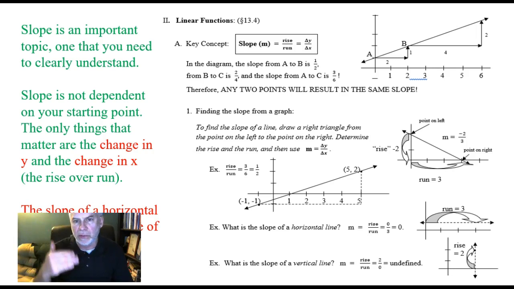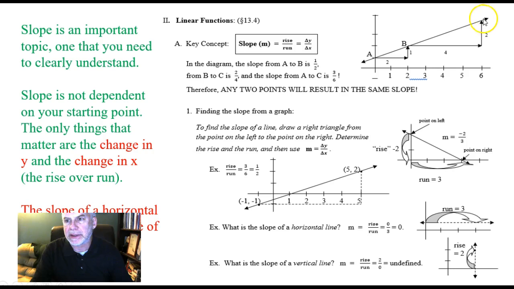So it's rise over run. So in this diagram here, you see that from point A to point B, we rose up 1 unit and we ran 2 units. So the slope would be 1 over 2, a rise of 1 and a run of 2.